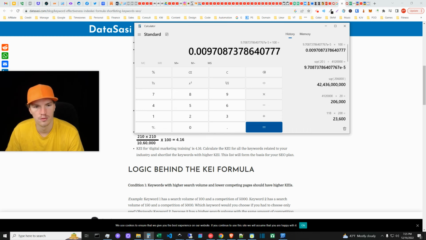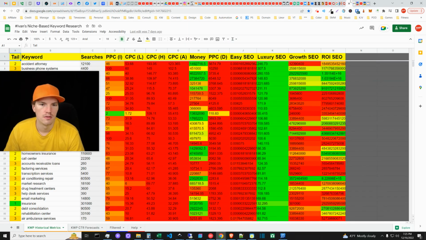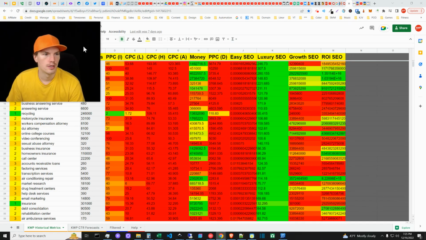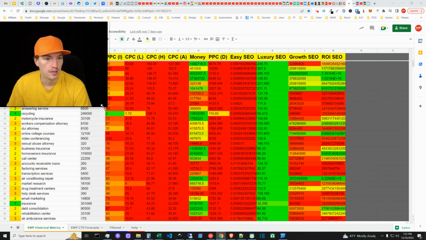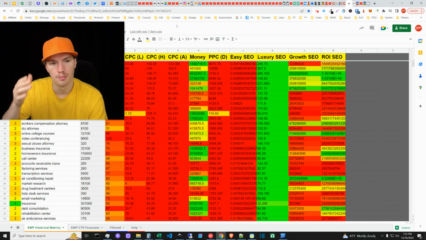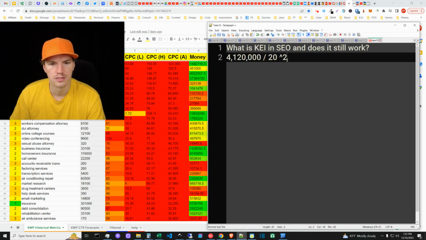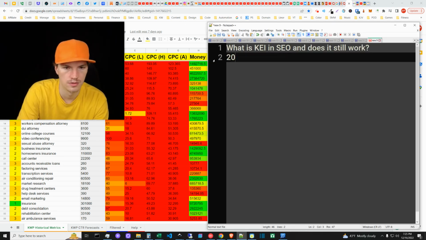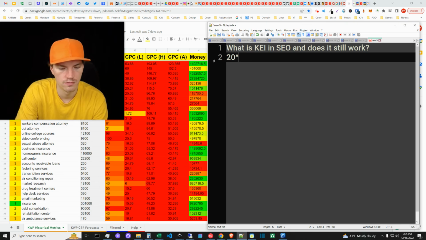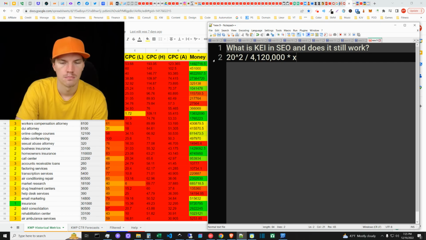Assuming that 1 would be 100, this is saying it's really low competition for this keyword. So some of that might be viable. It would be interesting to do a case study to actually compare the metrics with KEI today and see how it stands up.